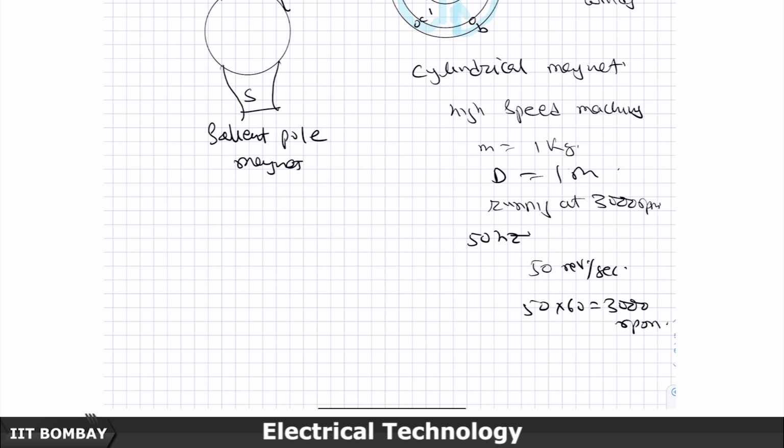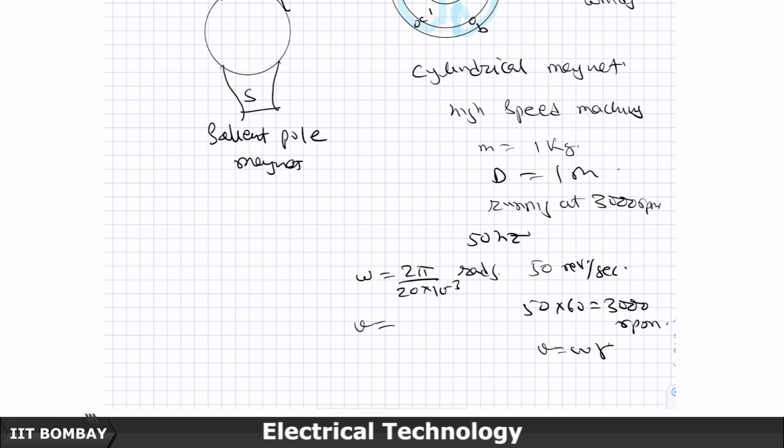So, now V is equal to omega r. Omega we know because the time period is 20 milliseconds. So, omega will be 2 pi by 20 milliseconds radians per second.